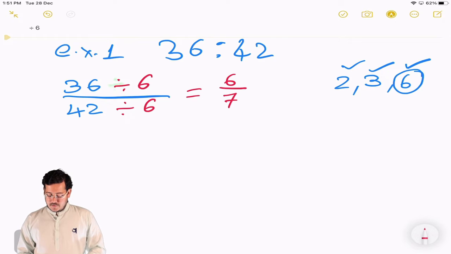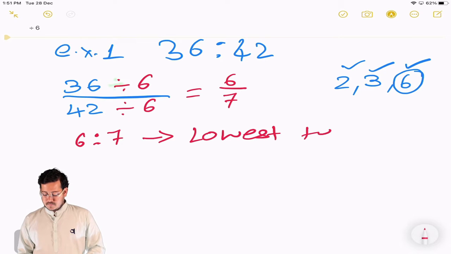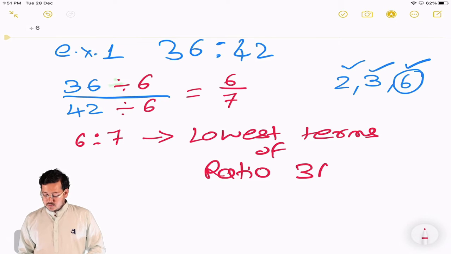So I got my answer, that is 6 ratio 7, and this is called the lowest term of the ratio. That was our question.